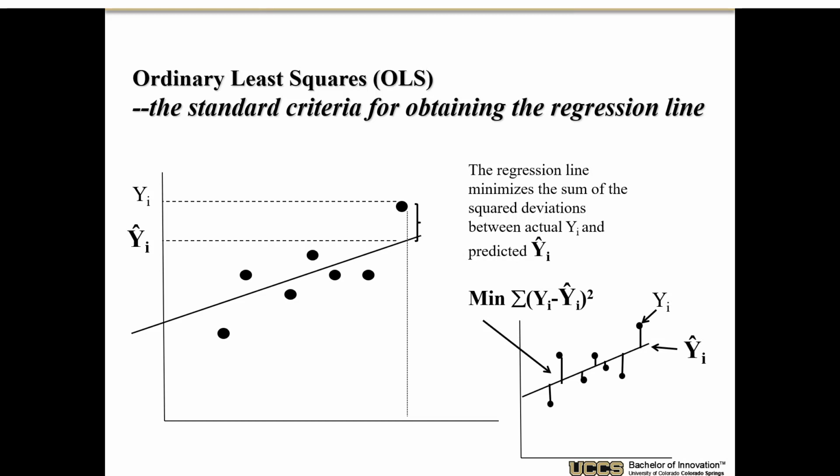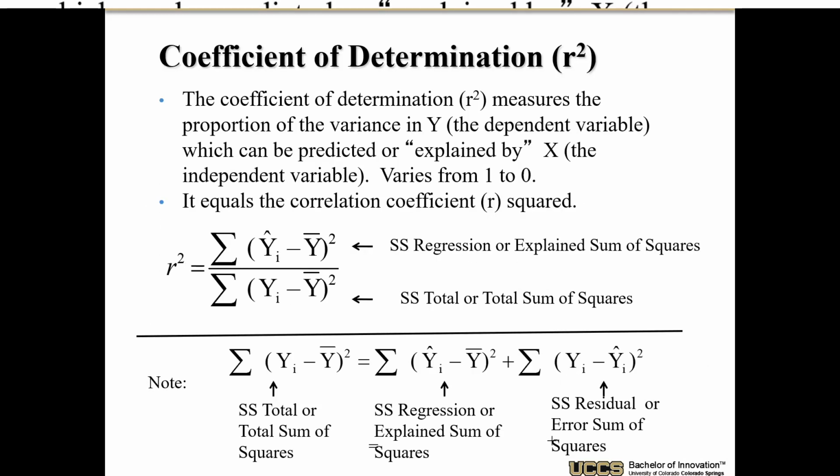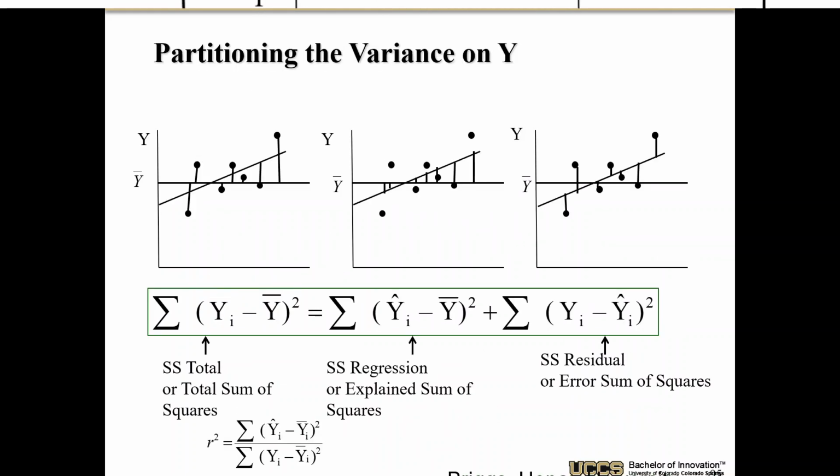Again, I'm just going to mention some of the formulas. You don't have to know any of these formulas. But as I go through the determination of r squared, it's really just the regression sum of squares divided by the total sum of squares. You can put all of those numbers together from the calculations we've seen. The idea here is that I can represent the total errors as the difference of a point from the mean, and then the difference between the mean and the rest of the data.